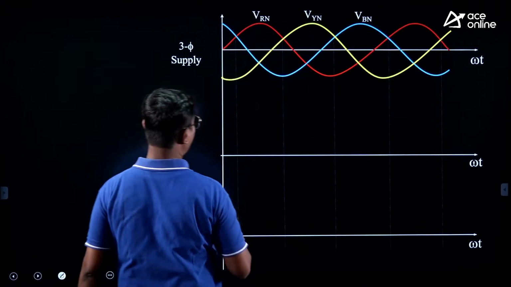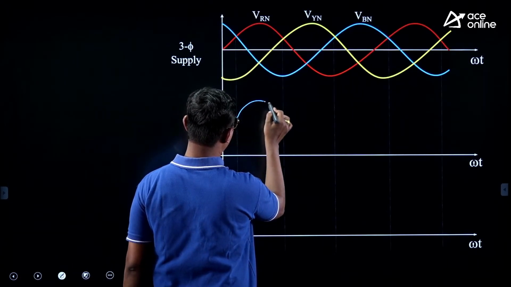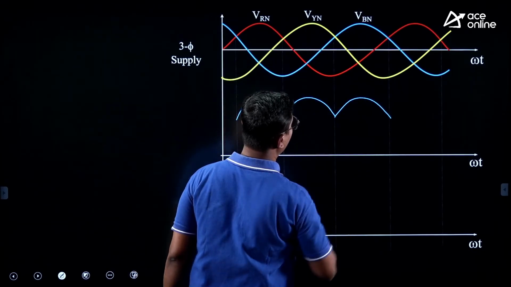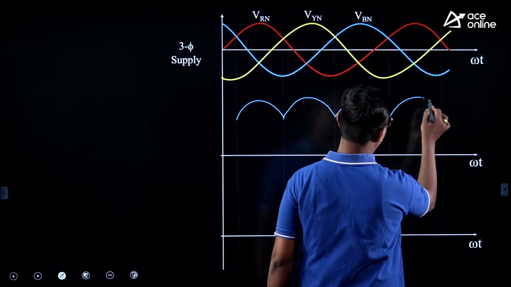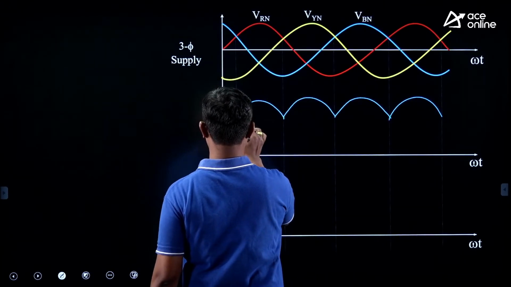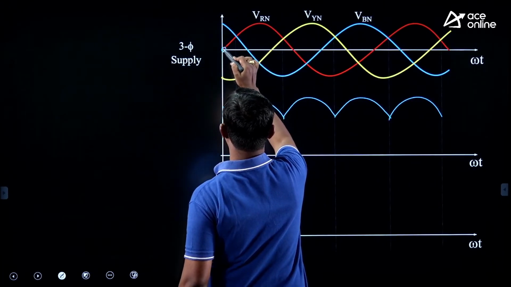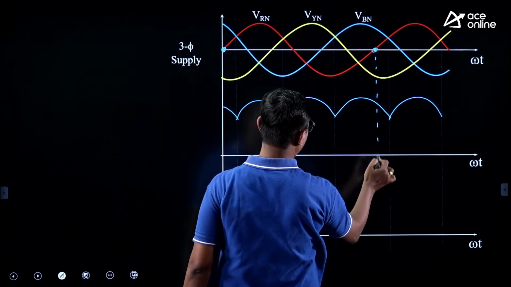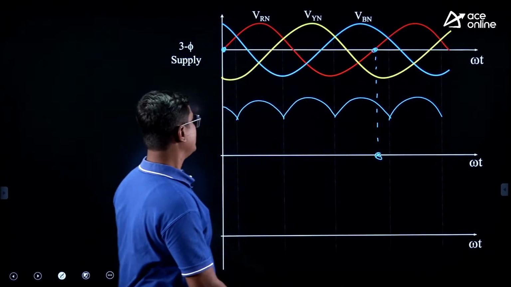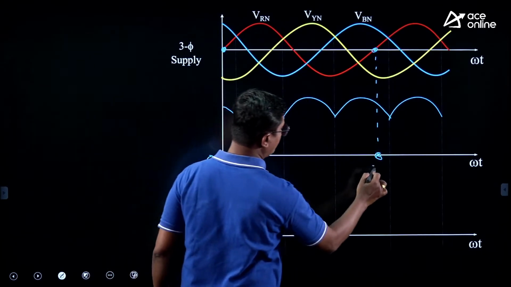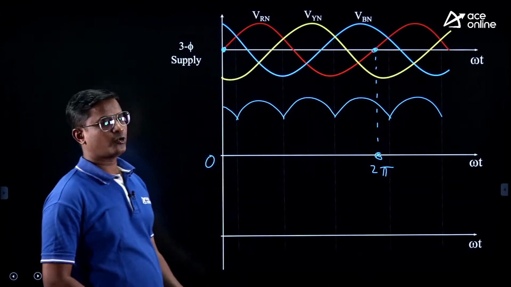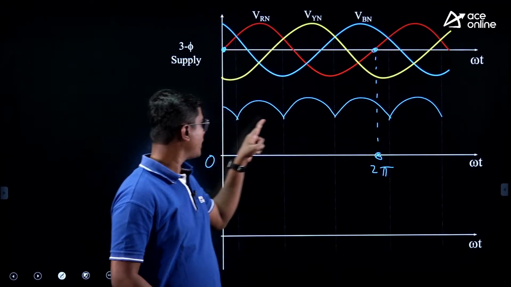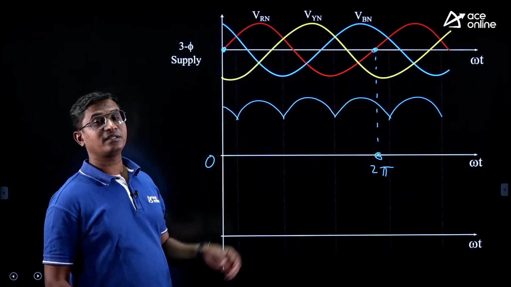It will give you 3 pulses in the output corresponding to 1 cycle of the input. This is where 1 cycle of the input completes. This is 0 and here it is 2 pi. Corresponding to 0 to 2 pi, how many pulses? 1, 2, and the third pulse here, with the remaining part of the third pulse here. So we are getting 3 pulses.